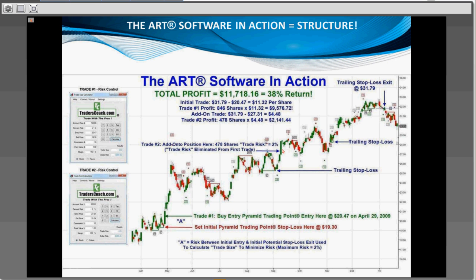So here's an example of how to pyramid into a trade safely while maintaining a 2% risk. If this trade failed and your trade was stopped out, you'd make a profit on the first trade and you'd lose on the second trade, unless you had a new trailing stop, which eventually happened as prices moved up. So that's just a quick example of money management.